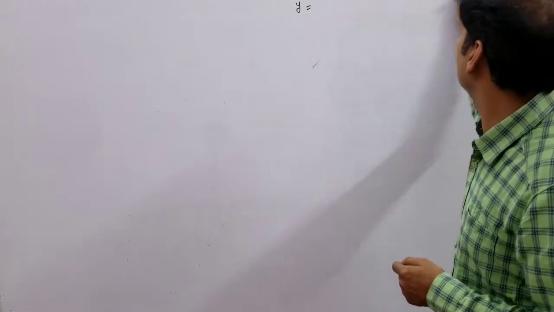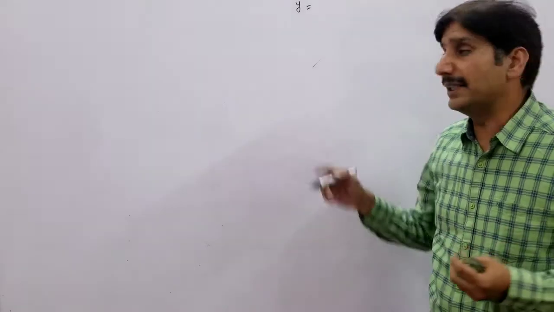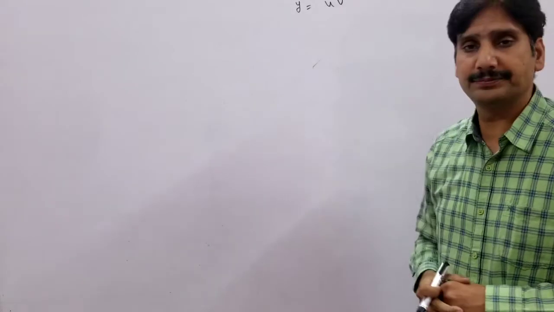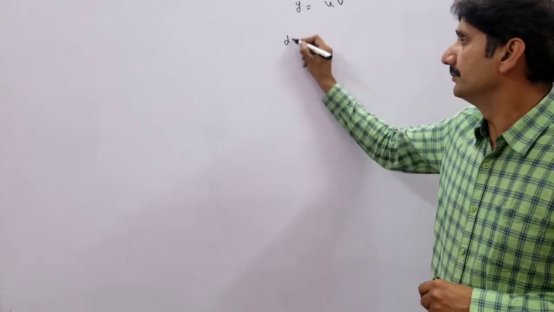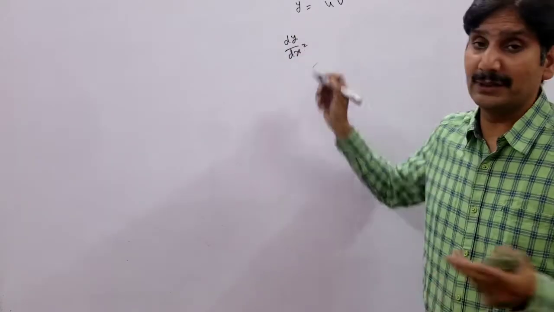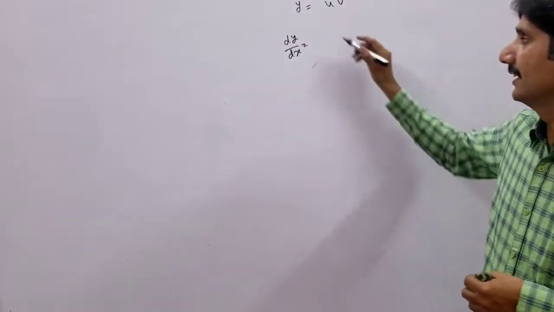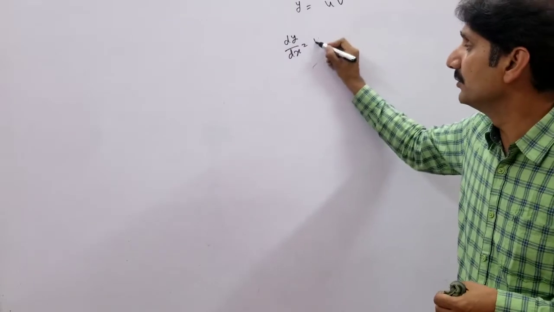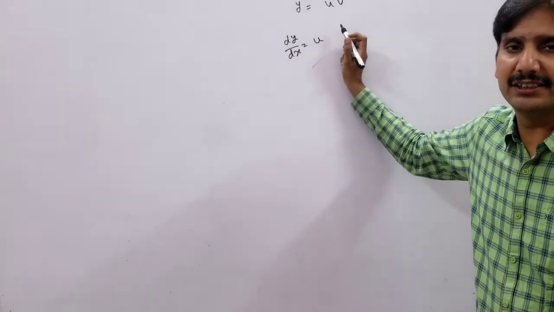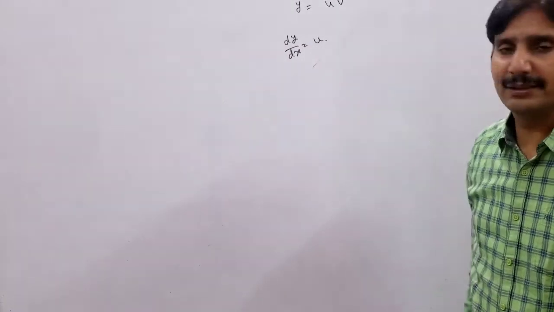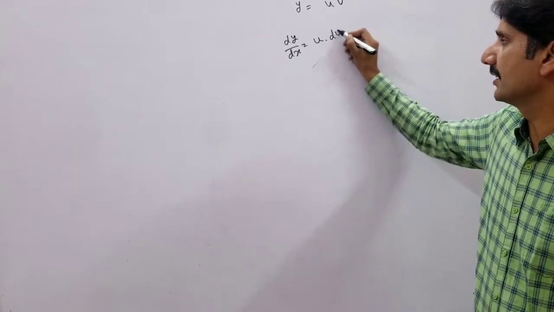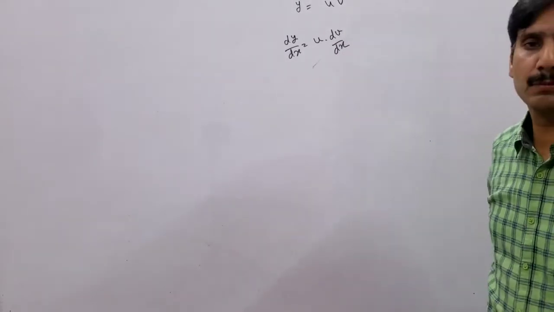Let's say there are two terms and they are getting multiplied, u into v. The formula which mathematicians have given us says, write down u without doing anything to it, multiplied by differentiation of v.